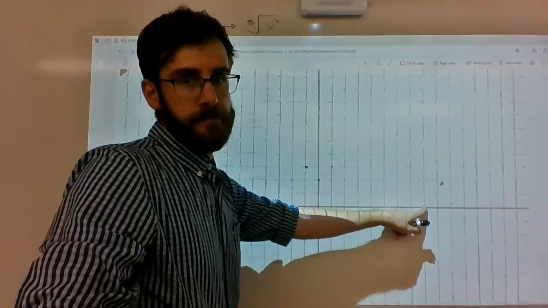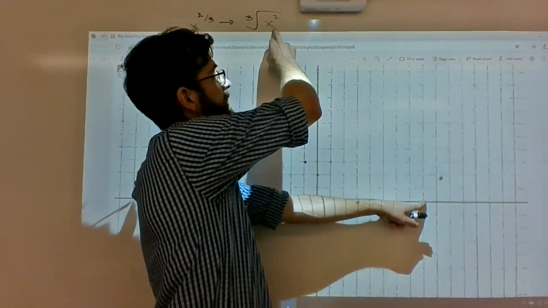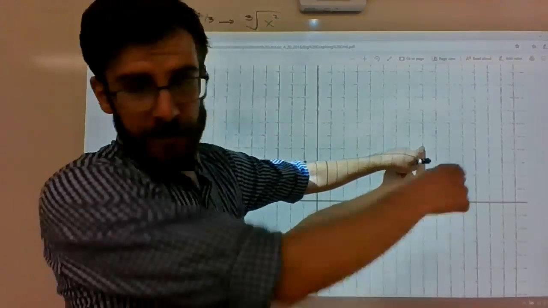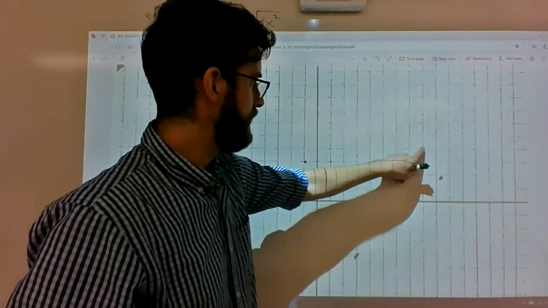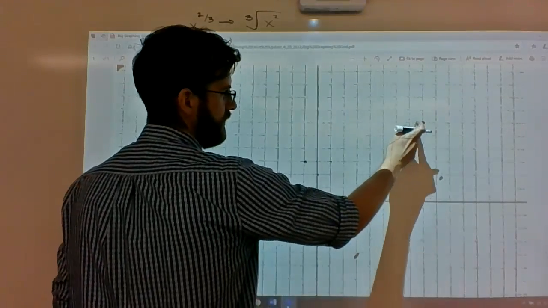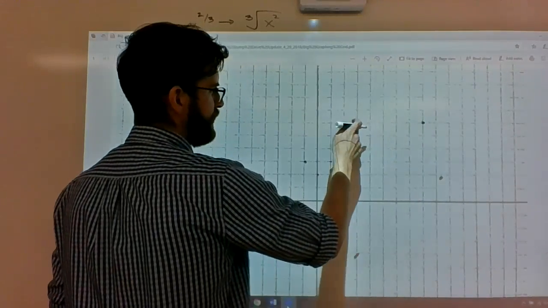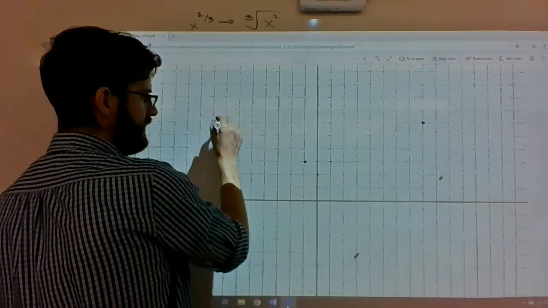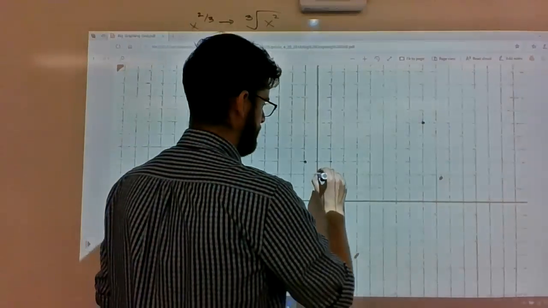All right. Cube root of 64 is 4. Over 8, up 1, 2, 3, 4. Plus the 2 shifted up. We know that this is a point on that graph. So 8, 7, 6, 5, 4, 3, 2, 1, 0, 1, 2, 3, 4, 5, 6, 7, 8. And it's symmetrical.